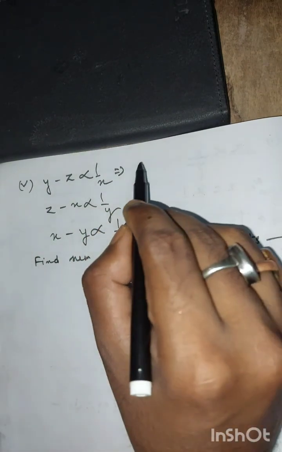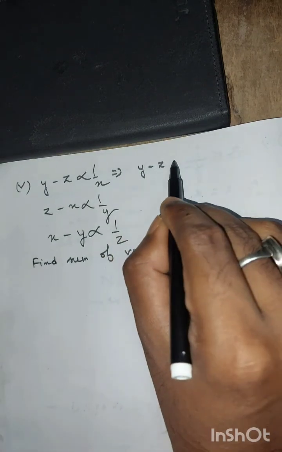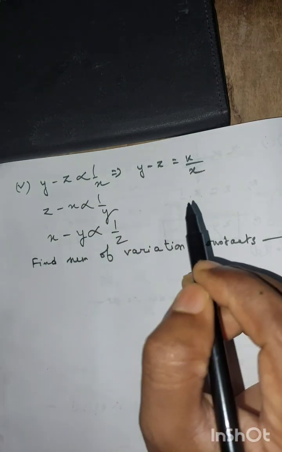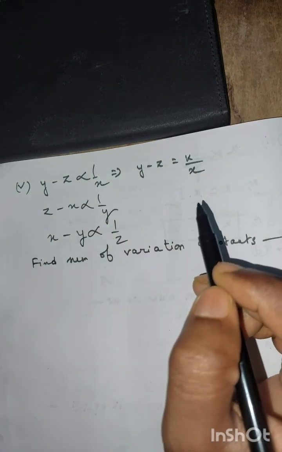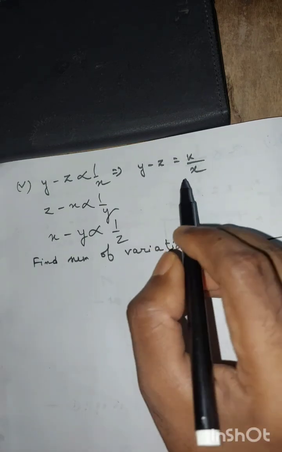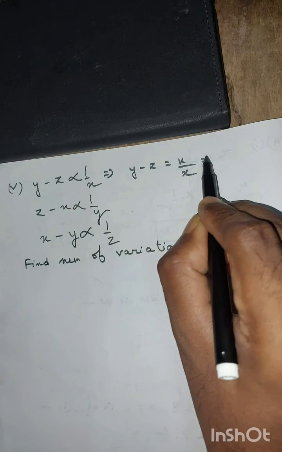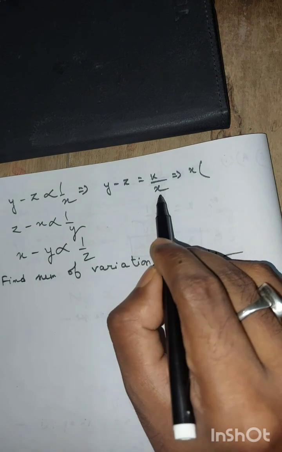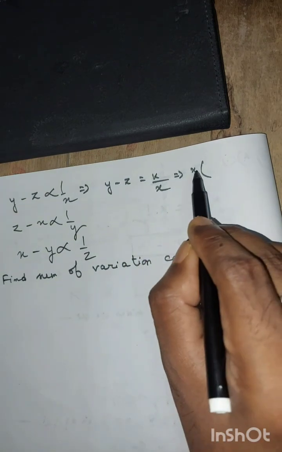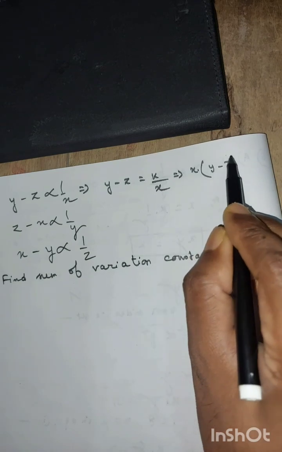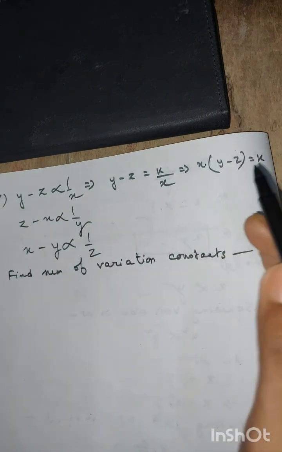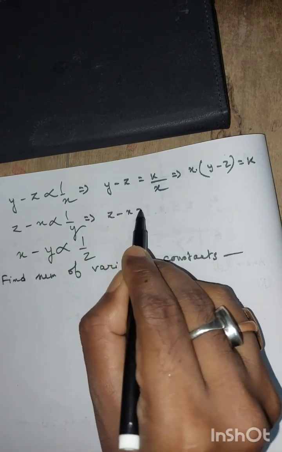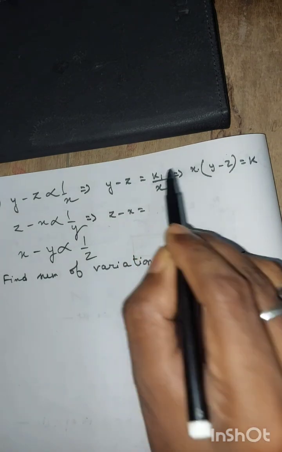From this relation we can write, if we bring x to the left side, it becomes x into y minus z equal to k1, let us say.